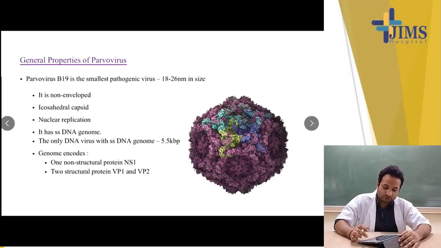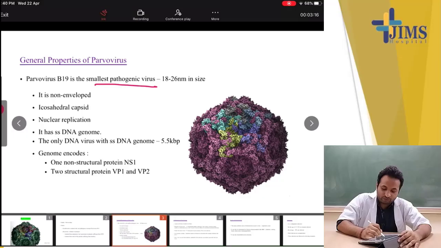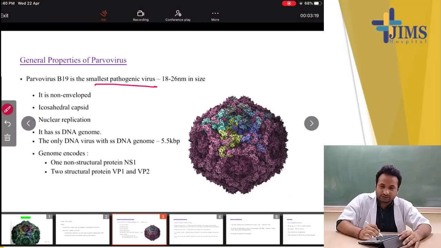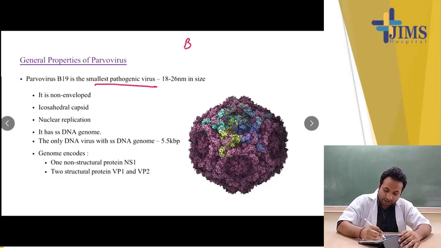Okay. So what are the general properties of parvoviruses? Parvovirus B19 is the smallest pathogenic virus, 18 to 26 nanometers in size. Now why is it called B19?